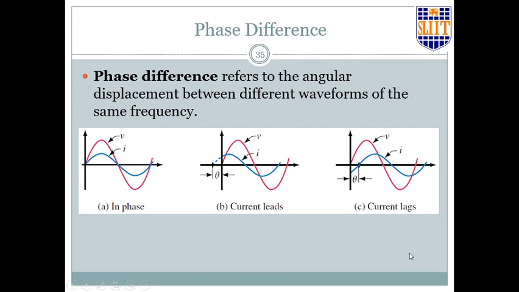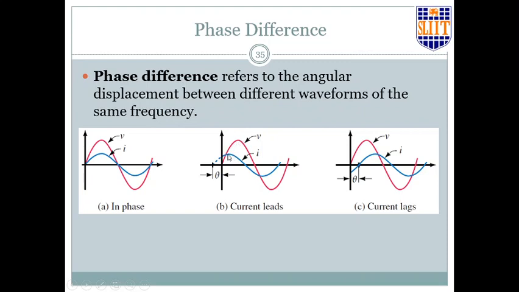Now the phase difference between the voltage and the current: if the voltage and the current overlap or exactly synchronize with each other, it is referred to as in phase. If current has a positive phase shift, meaning that it is happening a little earlier, both have the same frequency, but this occurs a little prior to the voltage waveform.